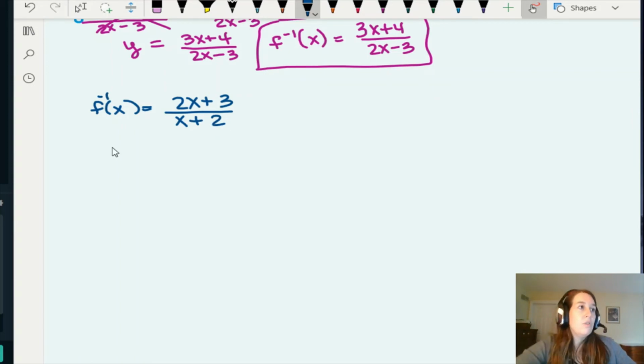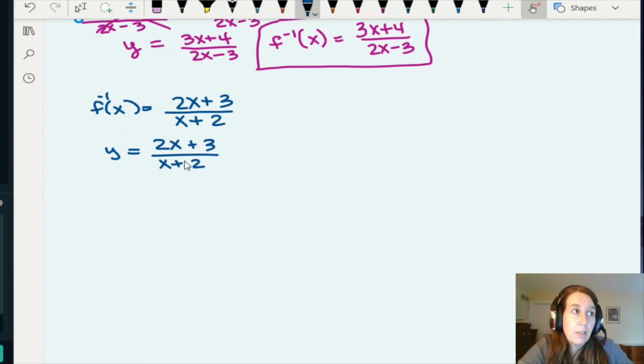Okay, so same process. We want to write this as y equals 2x plus 3 divided by x plus 2. Switch the x and the y. X equals 2y plus 3 divided by y plus 2.